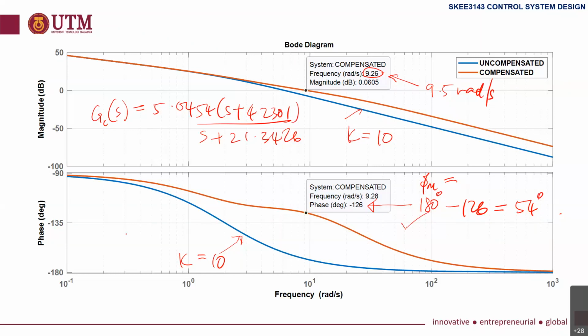And again, another important point, we can see the phase did not cross 180 degrees, so the gain margin is always infinity.